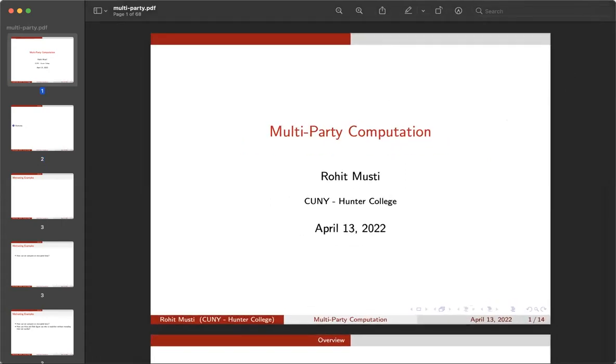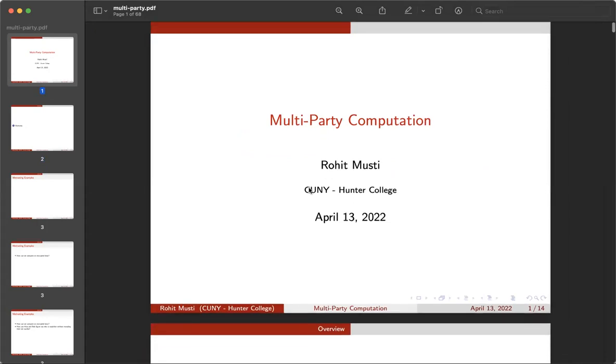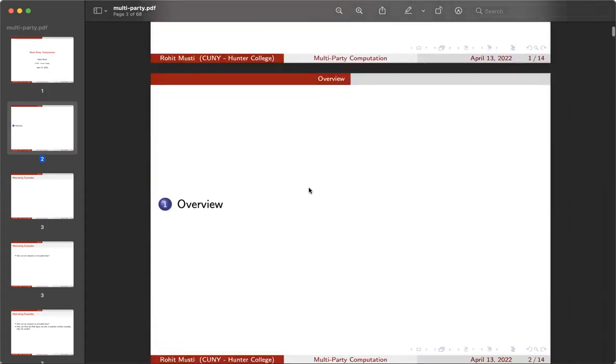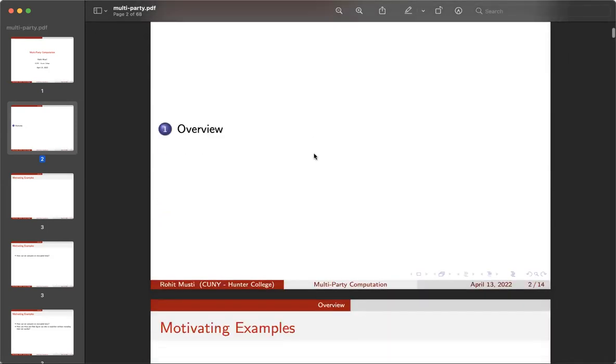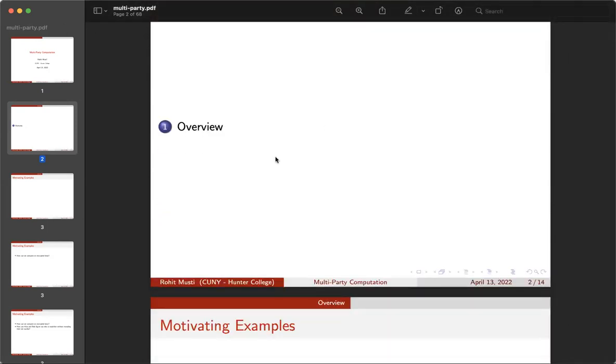Multi-party computation. So we'll start with an overview and go through a couple of motivating examples.